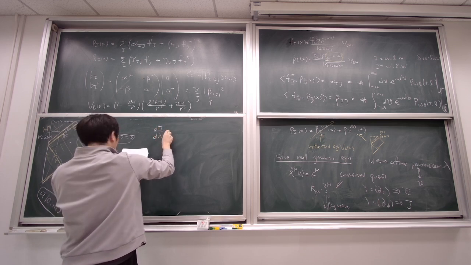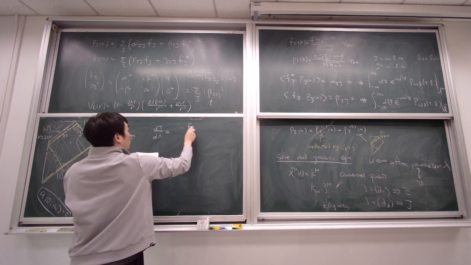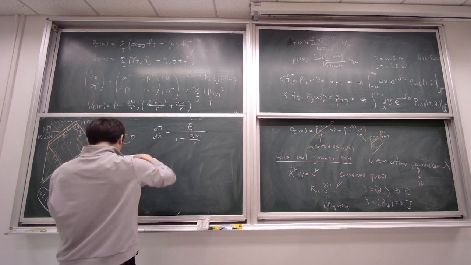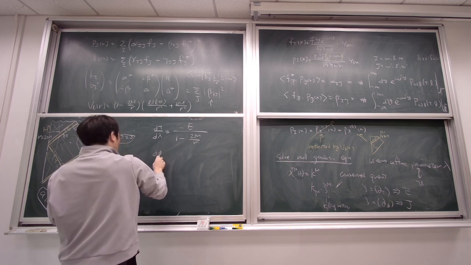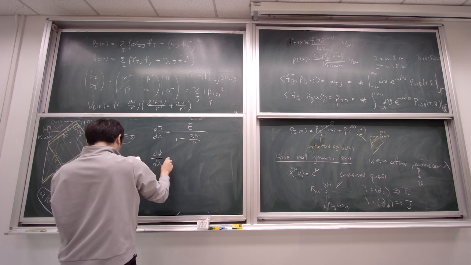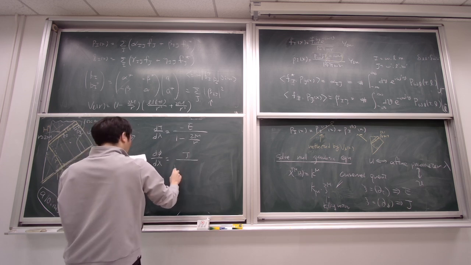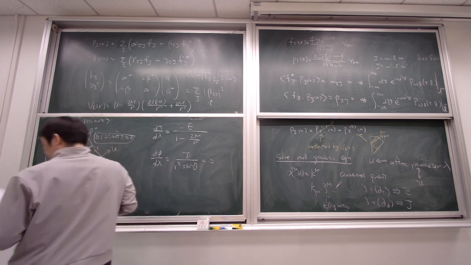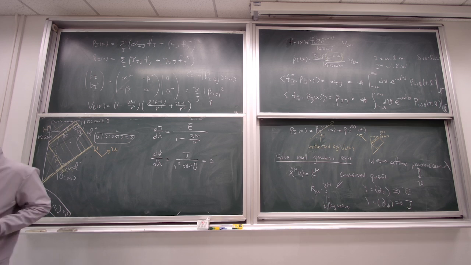This is something you already did in homework a long time ago: dr over d lambda, and then d phi over d lambda is equal to J over r squared sine squared theta.